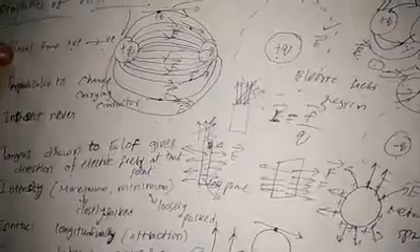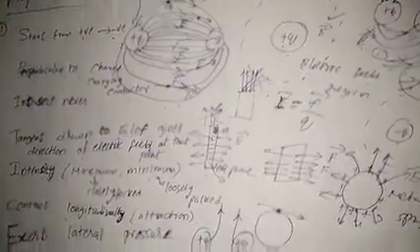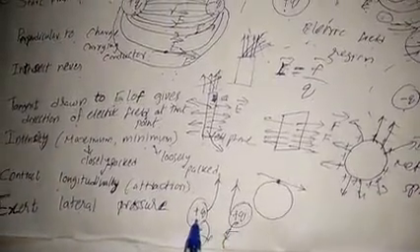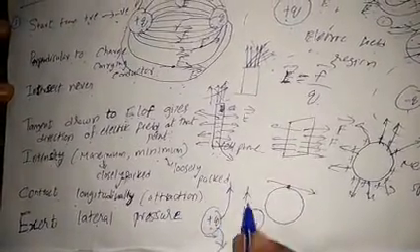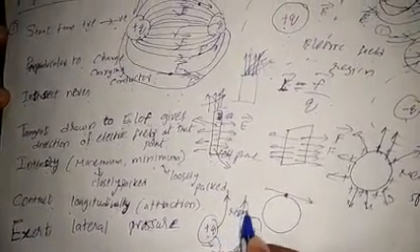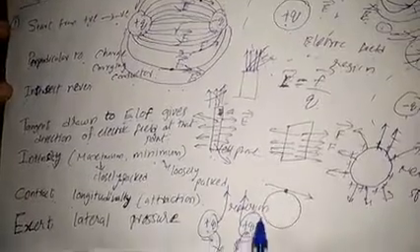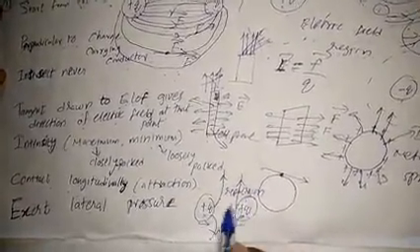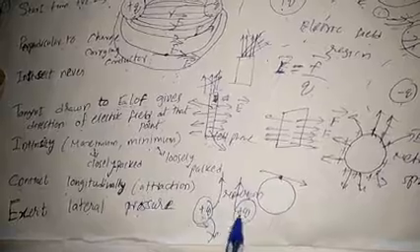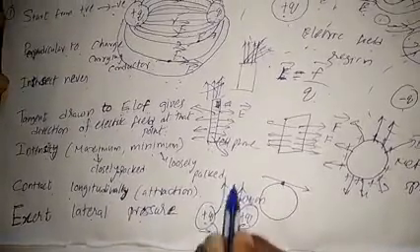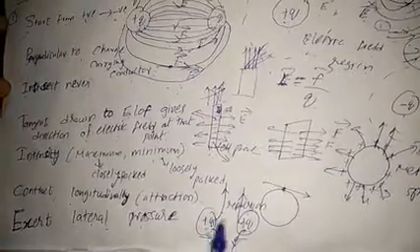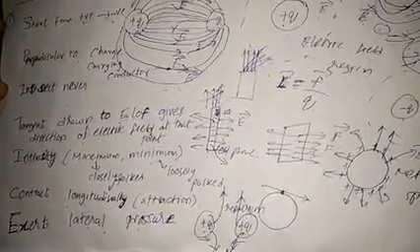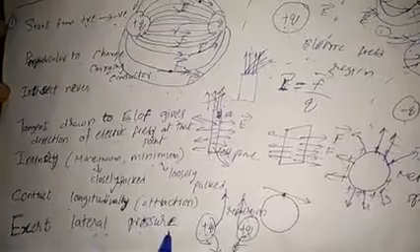If you take two charges, both positive, then repulsion takes place. Due to this repulsion, there is some pressure exerted in between these two charges. That is called lateral pressure.